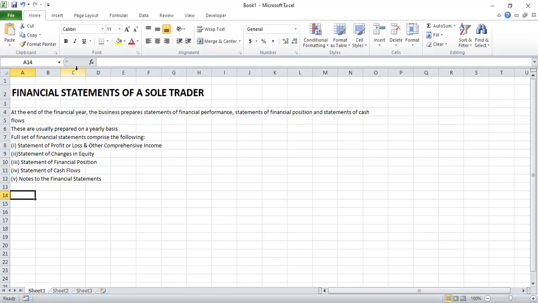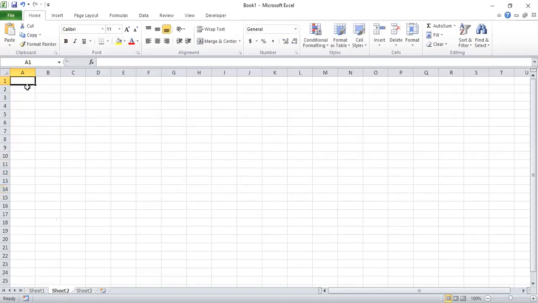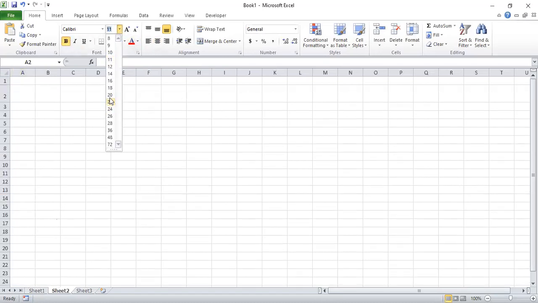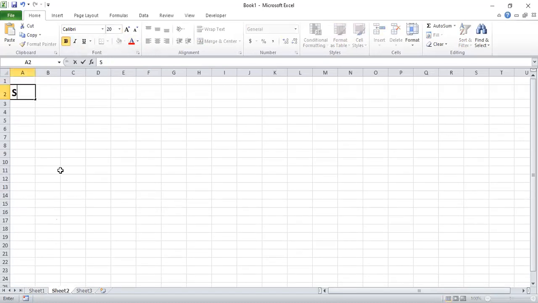Now we would start with the statements of profit or loss and other comprehensive income.